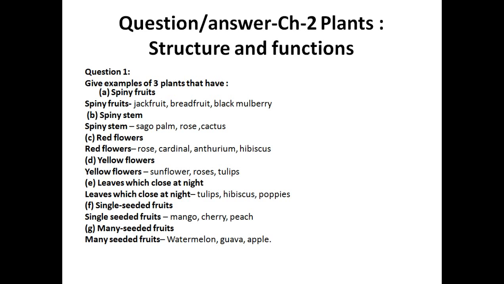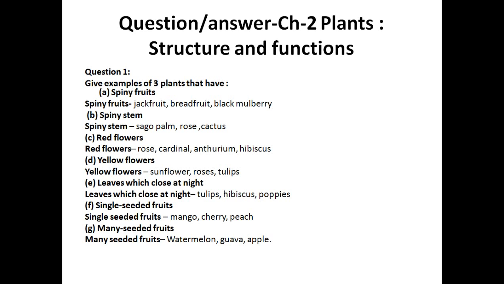Leaves which close at night. I know most of you are not aware of this, in which plants the leaves close at night. A very common example, hibiscus. In the hibiscus plant, you will see that the leaves curl at night, but in the daytime they open. Poppies.